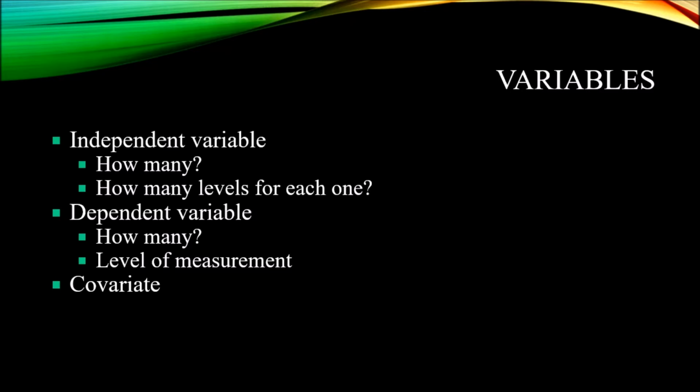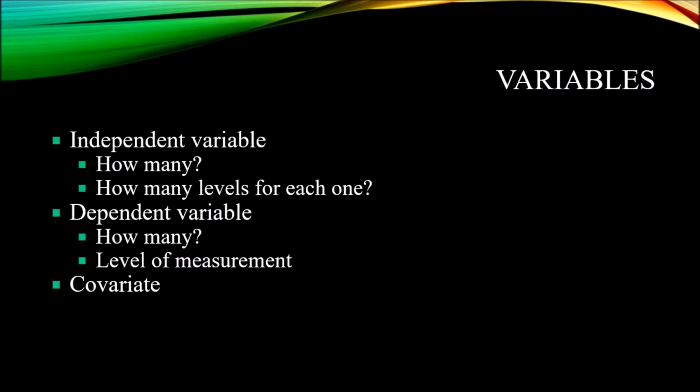What you want to ask of your data and your research design is how many independent variables do you have, and how many levels do you have for each one. For example, a relatively simple design would be one independent variable with two levels. For example, in counseling research, you could treat depression with cognitive behavioral therapy as one level of an independent variable treatment, and another level may be psychodynamic therapy.